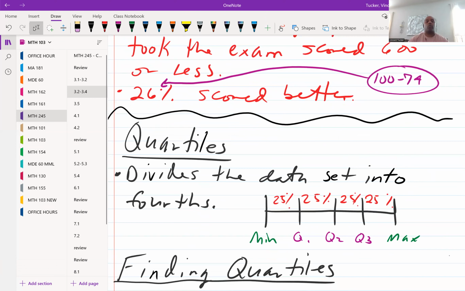All right, so quartiles. Quartiles divide the data set into fourths. If you look at this mini diagram, we have our quartiles in the middle, Q1, Q2, and Q3. Then on the ends, we have the minimum, or the smallest value, and the maximum value on the other end.